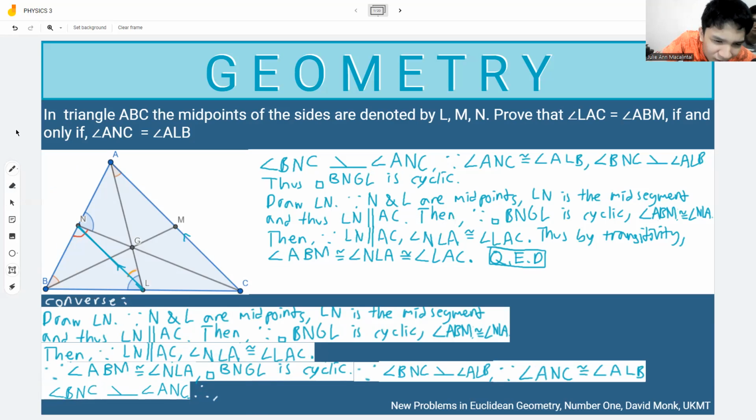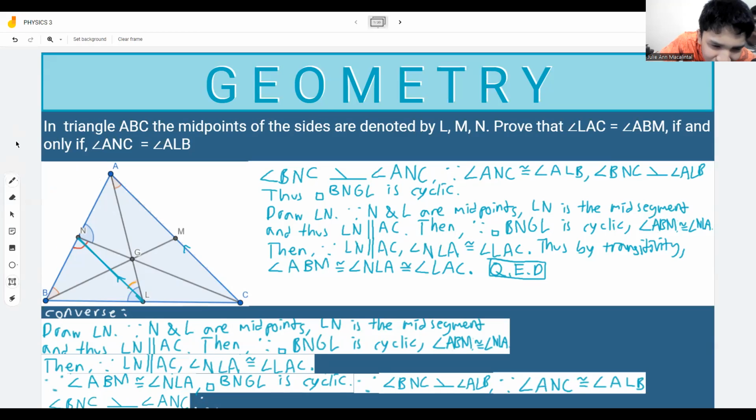Literally the only text that I had to write was actually only the "therefore."